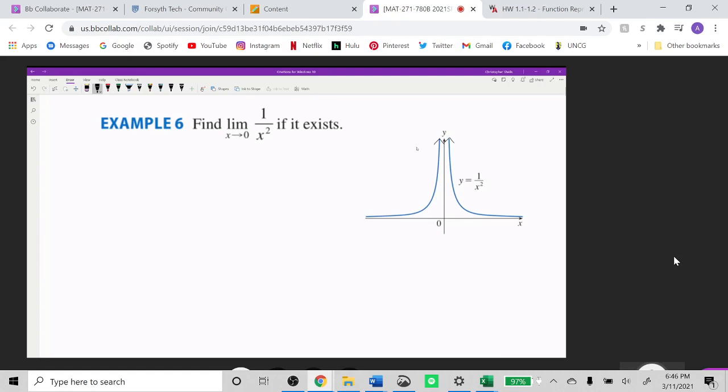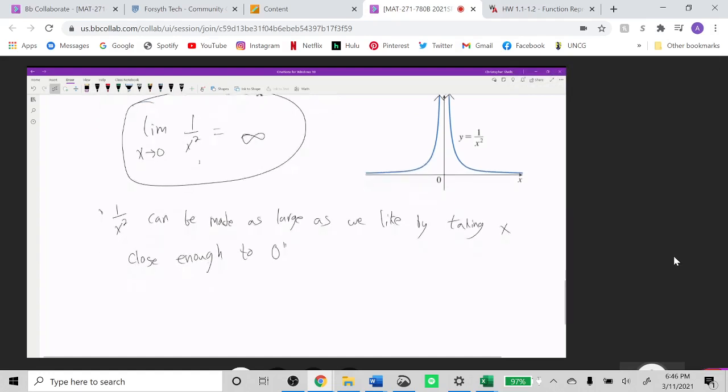That's kind of what writing this as a limit represents. Or we could say 1 over x squared increases without bound as x approaches 0. Does this make sense?